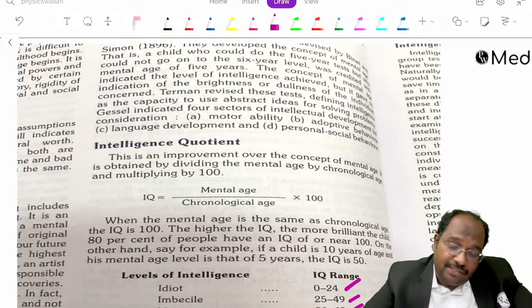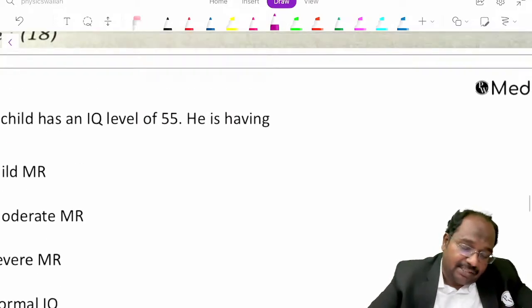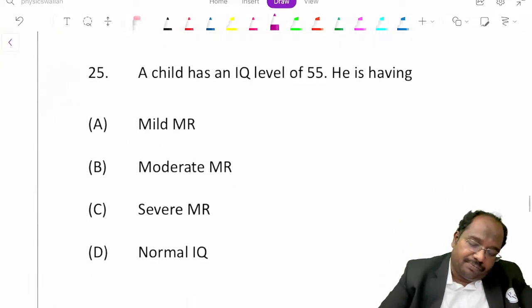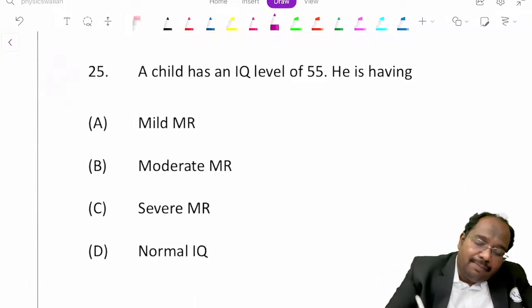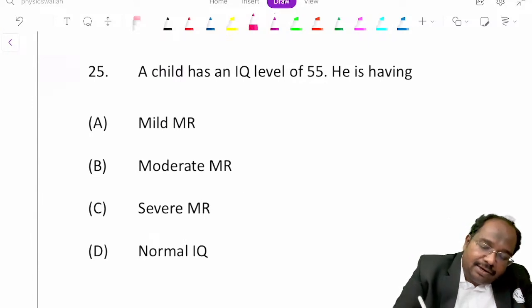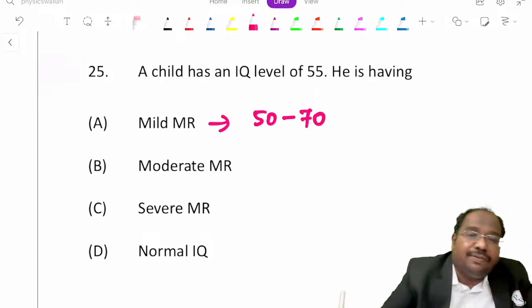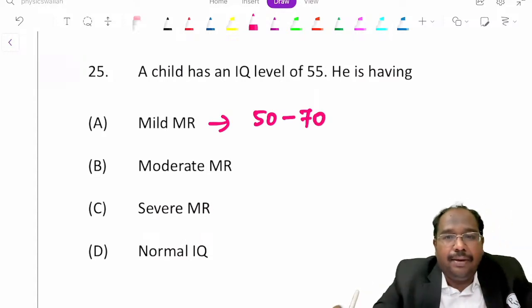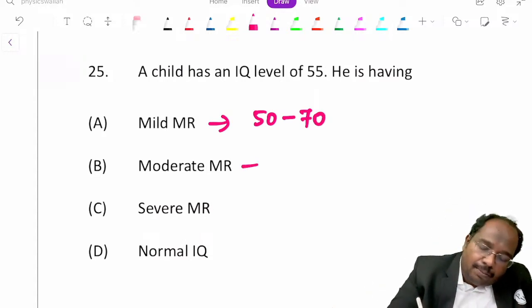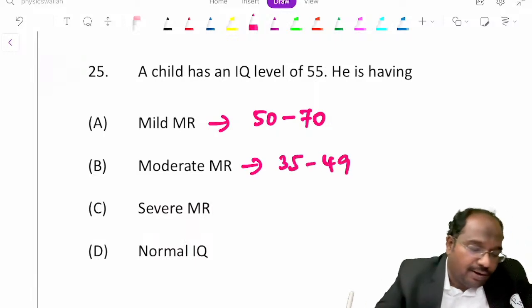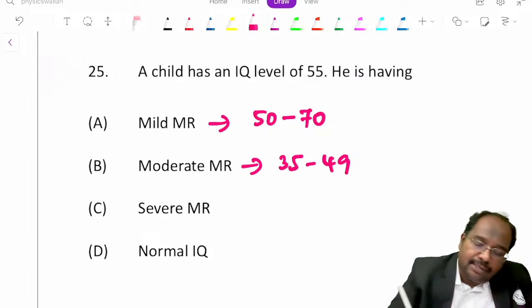Now we will see one more classification that has been asked here. Mild mental retardation means 50 to 70. Moderate means an IQ level of 35 to 49.